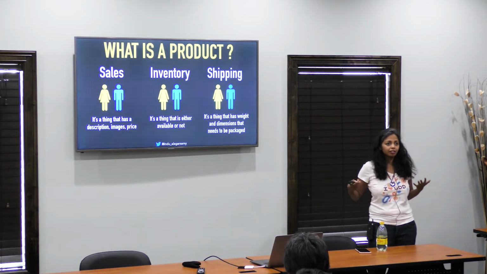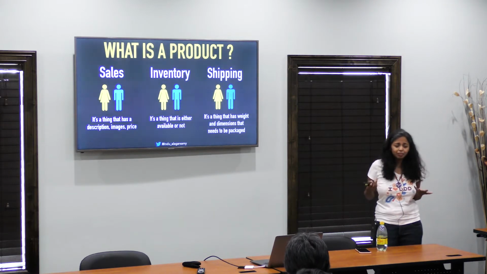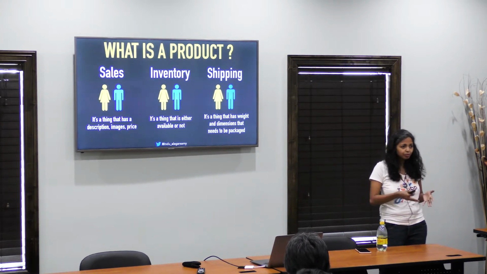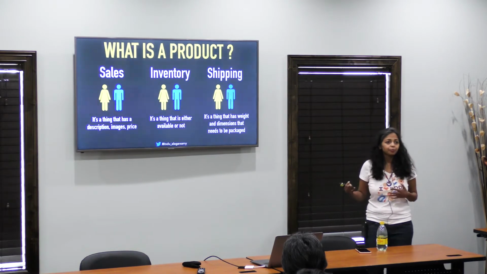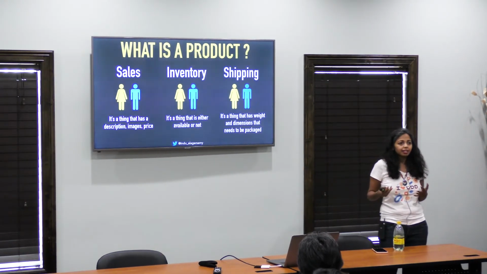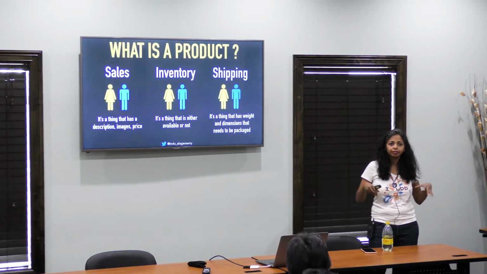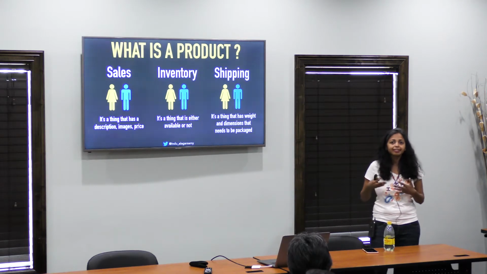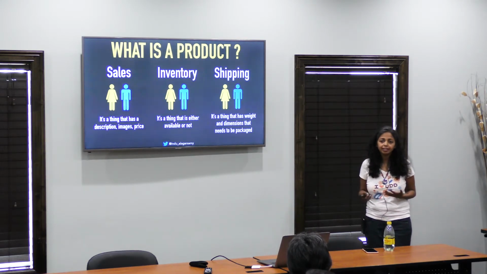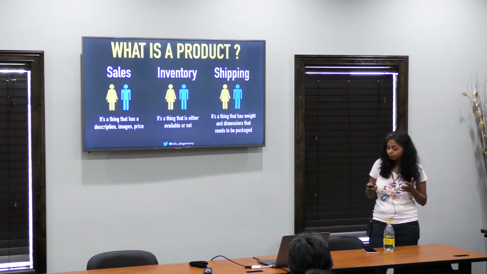For the sales team, the images, the description and the customer reviews might be the most important thing. But for a person in shipping, the question is whether it's perishable or non-perishable, and what the regulations around shipping it are. That might be the most important thing. So depending on who you talk to, things could mean different things.